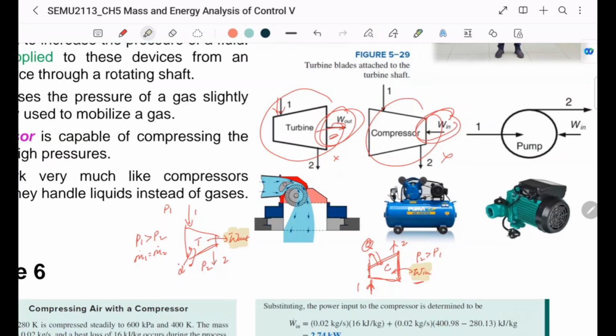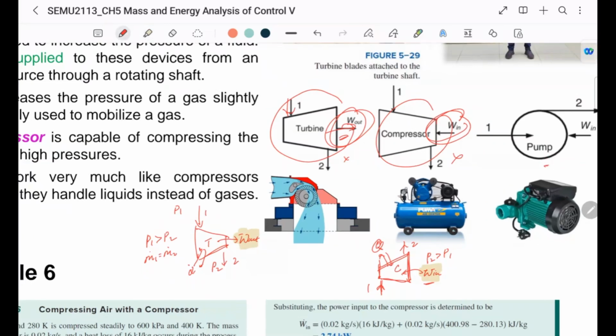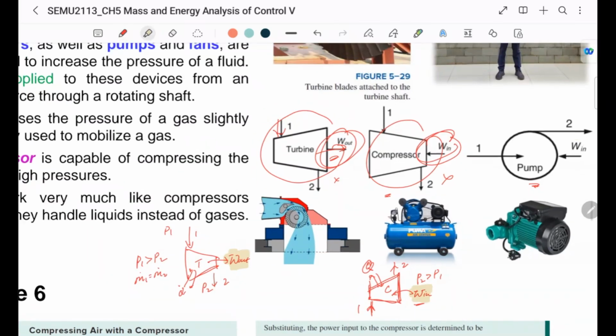Okay. And pump, okay, pump does what compressor does, basically. There is a work in, and P2 will be larger than P1.